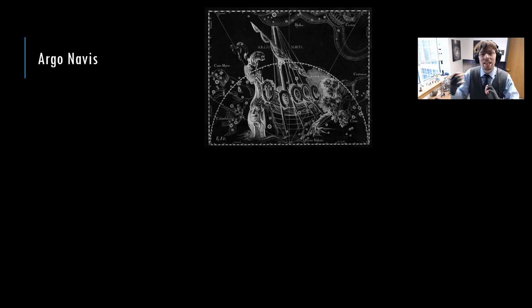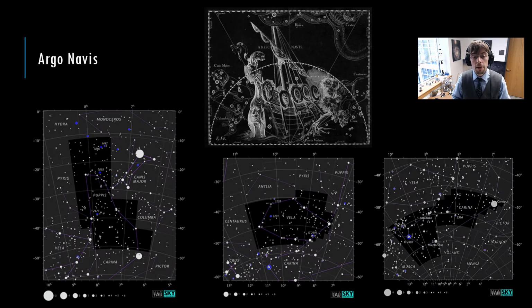It's not very useful for navigating the night sky. So this old constellation, Argo Navis, was broken down into 3 separate constellations recognized by the International Astronomical Union. So you took one big one and made 3 from it: Carina, Puppis, and Vela.